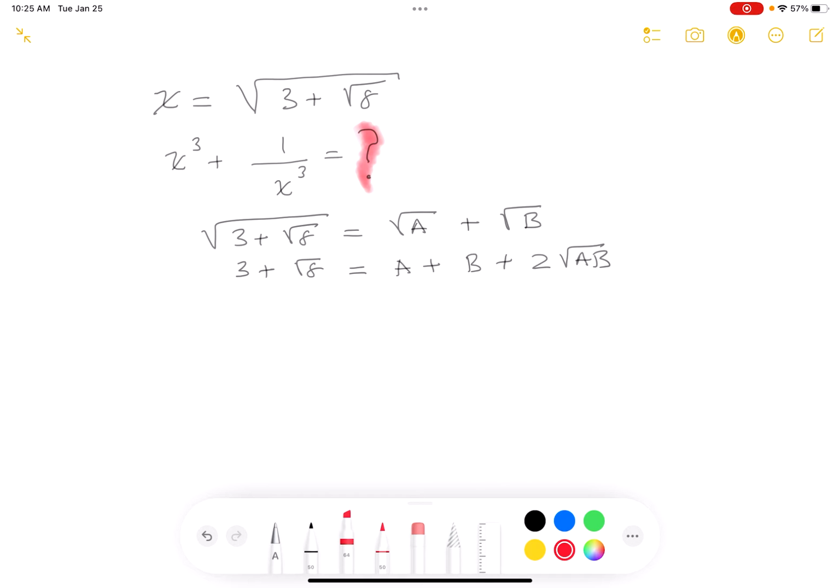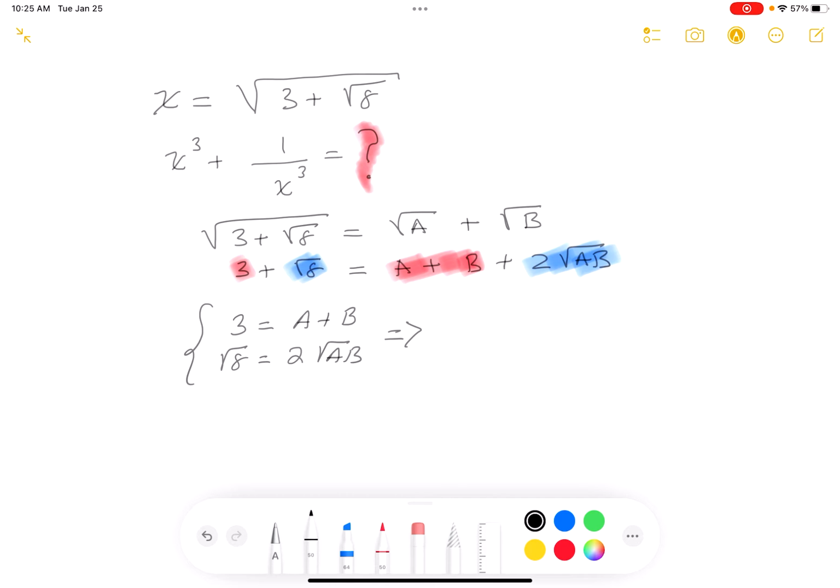So I'm going to say that 3 would be equal to A plus B, and I'm going to say root 8 is equal to 2 root AB. These are two equations, two unknowns, and I'm going to move forward on it.